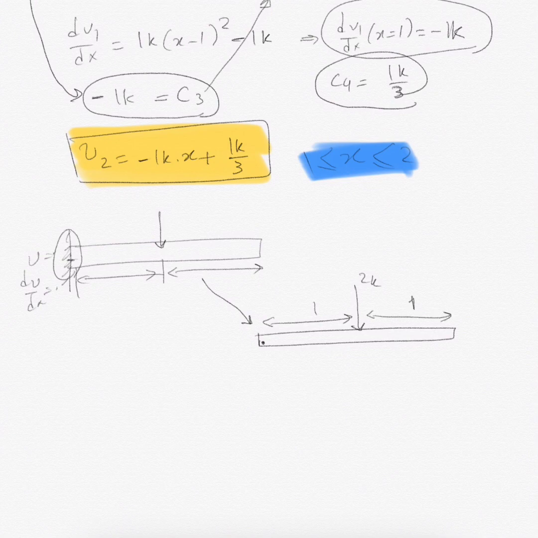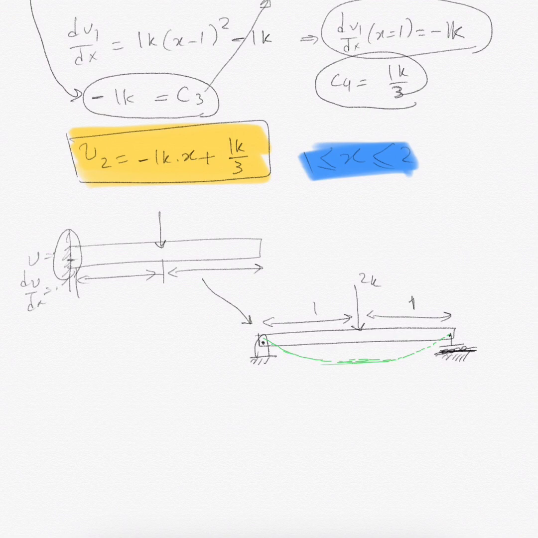But instead of a wall, I'm going to put a pin here and a roller right here. Okay, flat. And then the question is, how do I find the equation of the elastic curve right here?